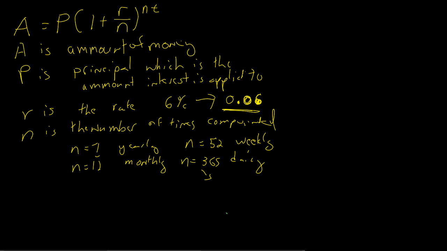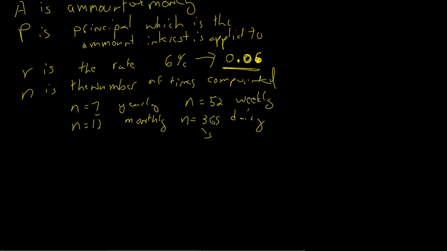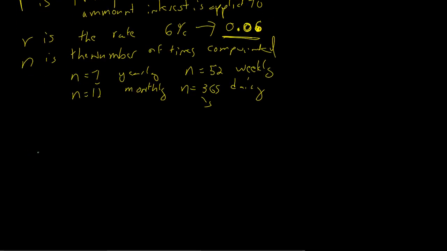And what bankers did is they said, well, what happens if I'm constantly putting the money back in, or applying the interest? And what they found was that this 1 plus r divided by n to the nt approaches this thing called e. And so this whole thing becomes what we call the continuous interest rate formula.